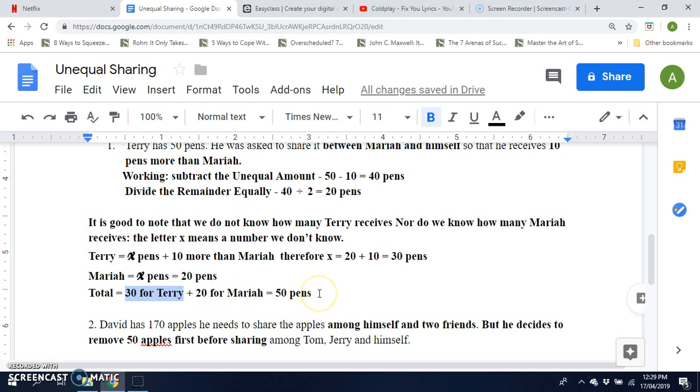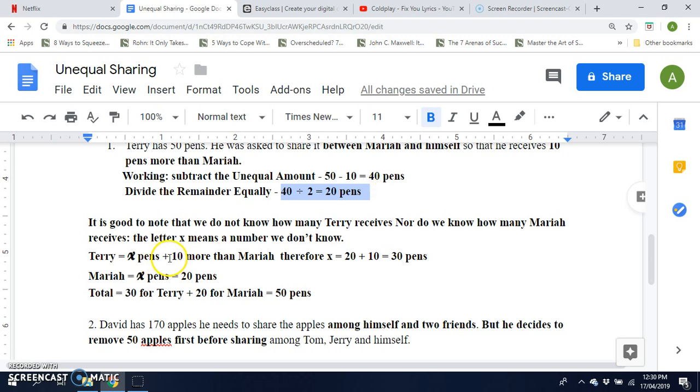Now that's 50. Just a little note, I don't want you to worry too much about these X's. Just remember the steps. Those X's are for the bigger questions, and when we do the bigger questions, you will see why I wanted you to remember them. As I said, remove the unequal amount, share it equally, now the remainder.